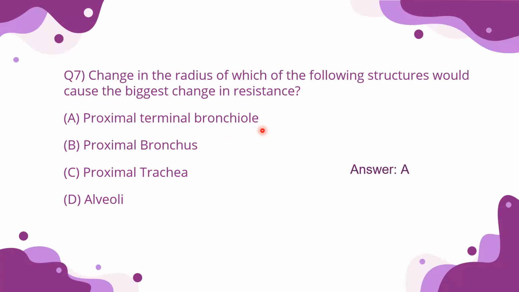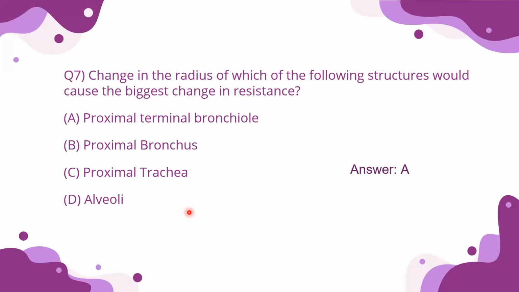Basically, a change in the radius in this generation is going to cause a bigger change in the resistance as compared to changing the radius of the trachea, because you only have one trachea. If you change its radius a little bit, it won't cause that much of a change in resistance. But you have 30,000 terminal bronchioles, and like we said, we consider generations, not individual airways.